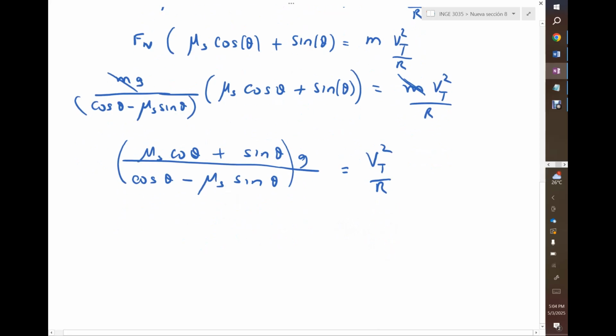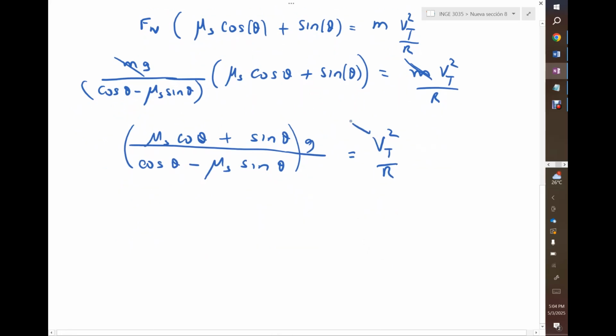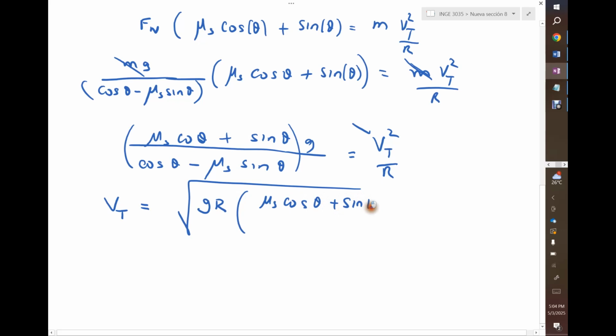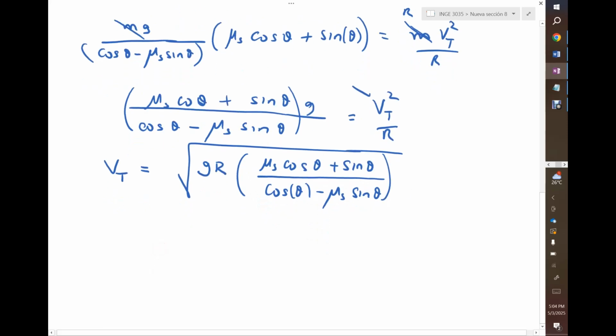So basically, if I put this in terms of the tangential velocity, bt equals the square root of g times r, times the parenthesis mu s cosine of theta plus sine of theta divided by cosine of theta minus mu s sine of theta, close parenthesis. That's our maximum tangential velocity, defined by this equation as shown here.